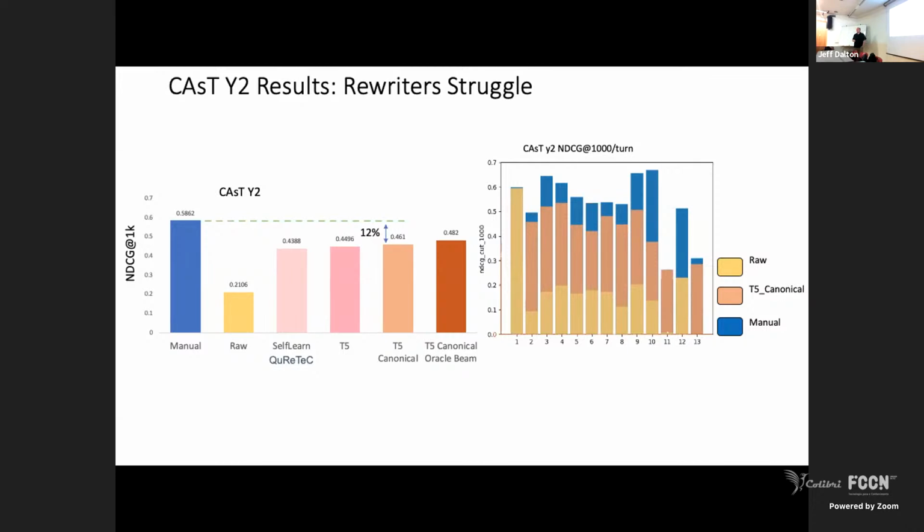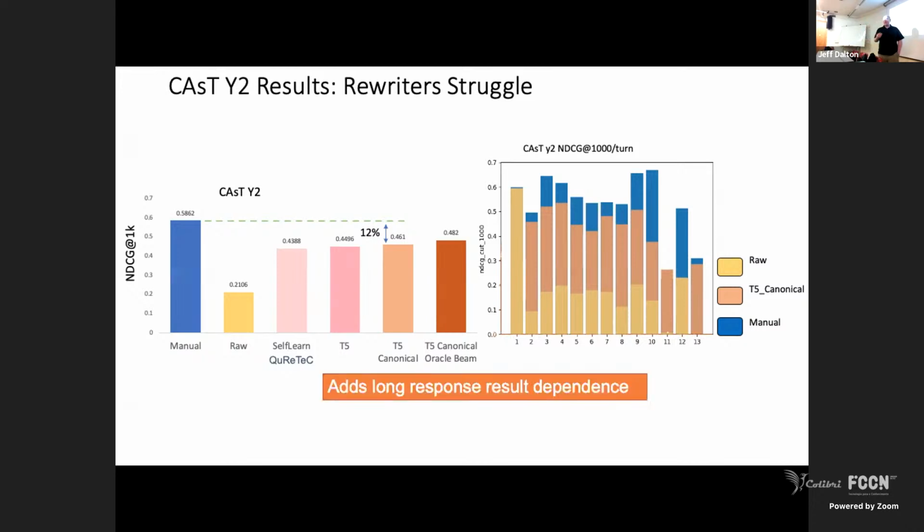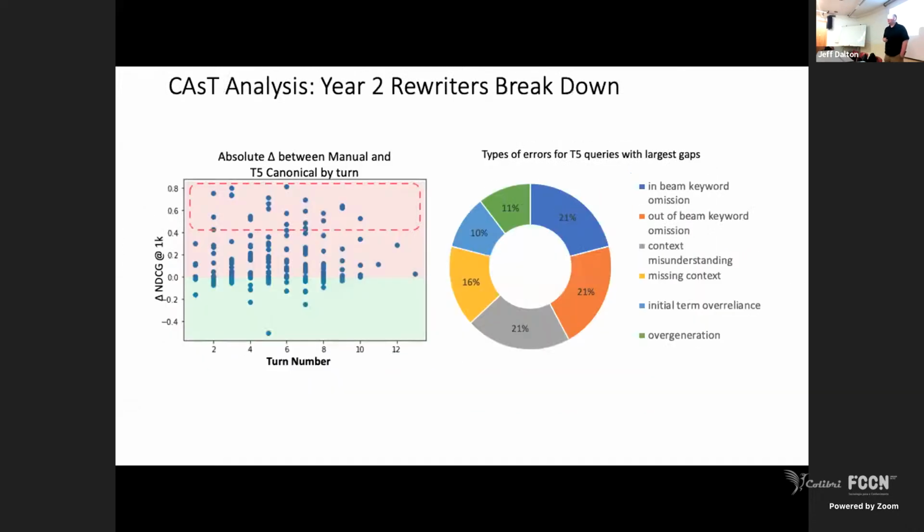There's about a 12% gap now in year 2. And if you look at turns 7, 9, 10 and later, there are much bigger gaps, because they have to deal with these longer response dependencies. You're seeing a bigger gap starting to break down, particularly again later in the conversation. So we added the longer response dependence, and that starts to break things.